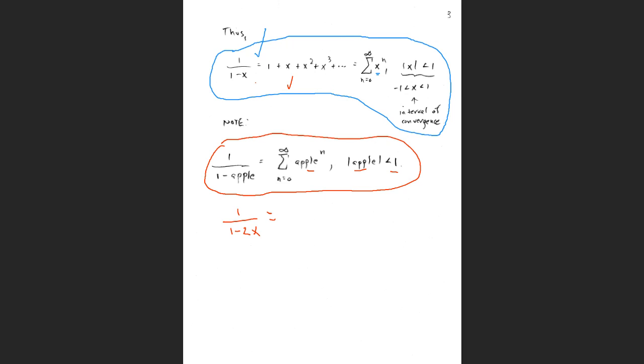So instead of an x, I'm putting in an apple. For a function like 1 over 1 minus 2x, I would put 2x in for the apple. We're going to need to utilize the apple formula to help us with the problem that we're working on.